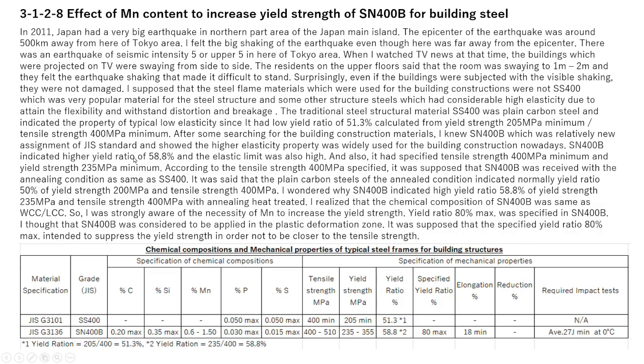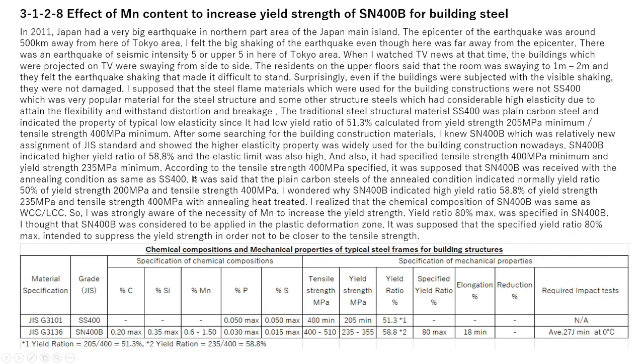SN400B indicated a higher yield ratio of 58.8%, and the elastic limit was also high, and it has specified tensile strength 400 megapascal minimum and yield strength 235 megapascal minimum.